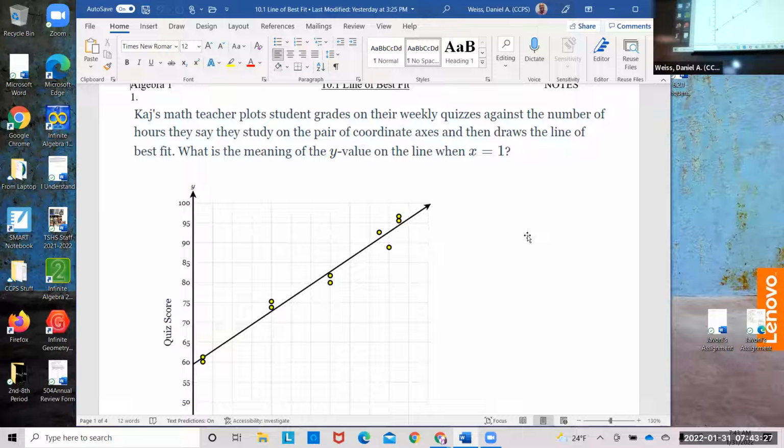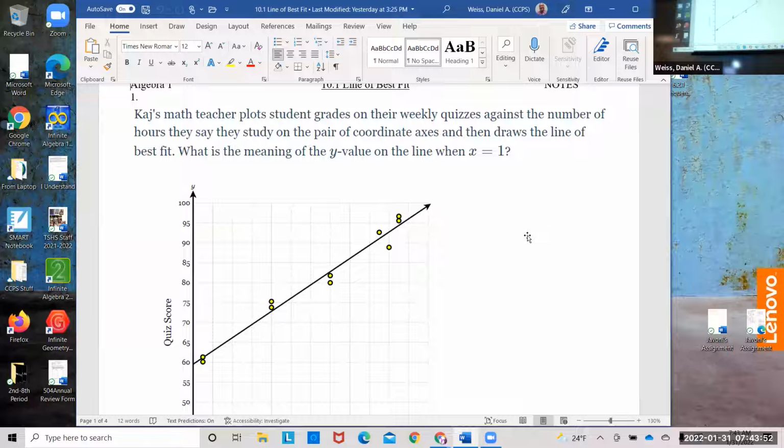Okay. Scatter plots means that we're going to plot points and they're going to be scattered on the graph. A college math teacher plots student grades on their weekly quizzes against the number of hours they say they study on a pair of coordinate axes, and then draws a line of best fit.